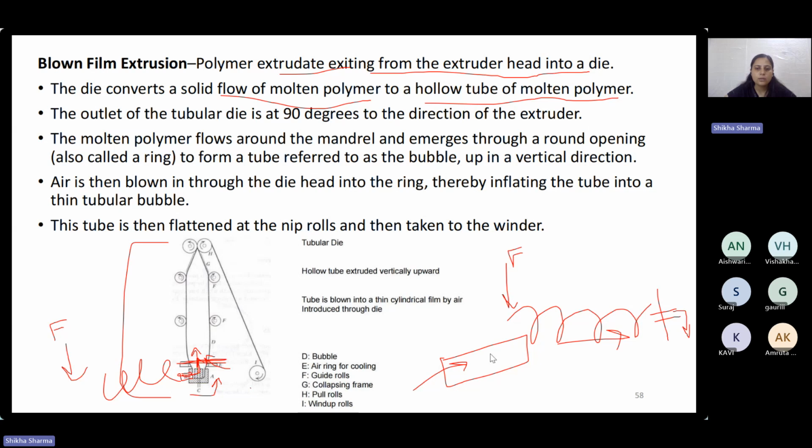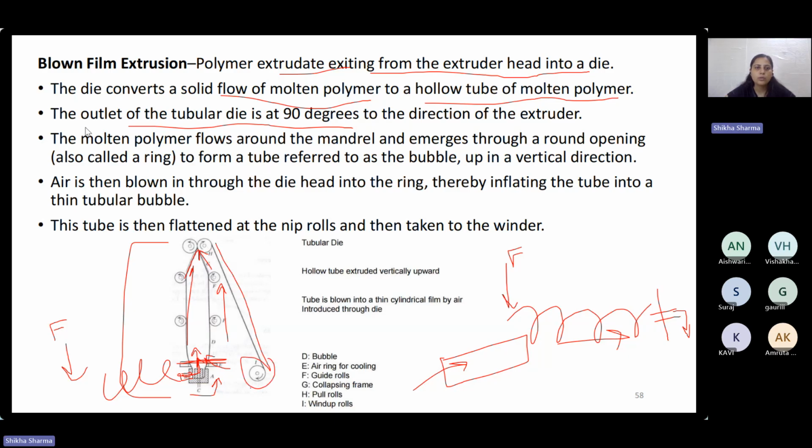With the help of the air, the solid polymer will convert into a hollow tube, and the outlet of the tubular die is at 90 degrees. With the help of guiding rolls, it will go up, and these two sheets will converge and wind up.